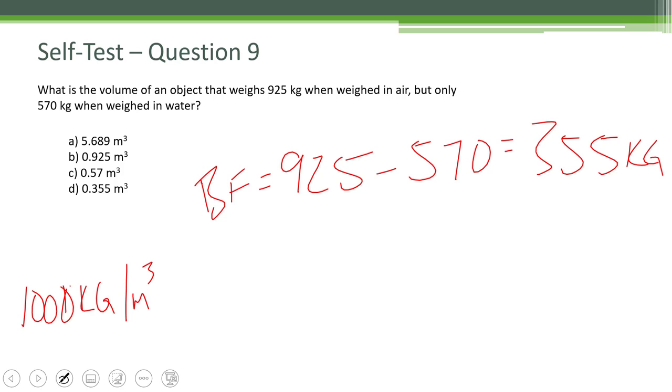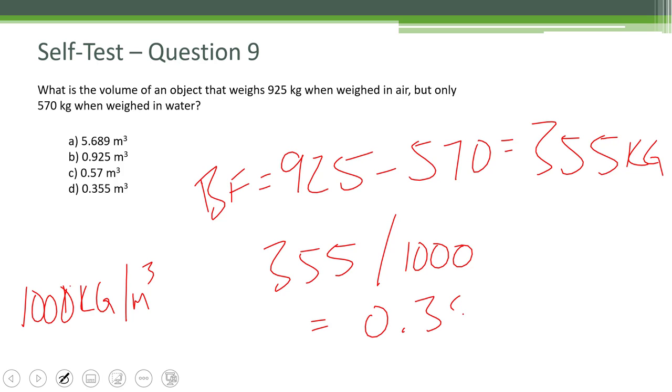So to find the volume, all I do is 355 divided by 1,000, and you should get 0.355, and that'd be cubic meters. So the answer is D.